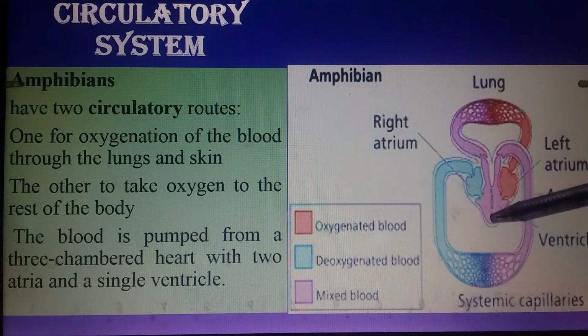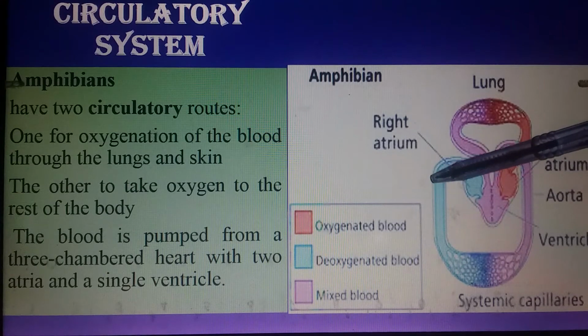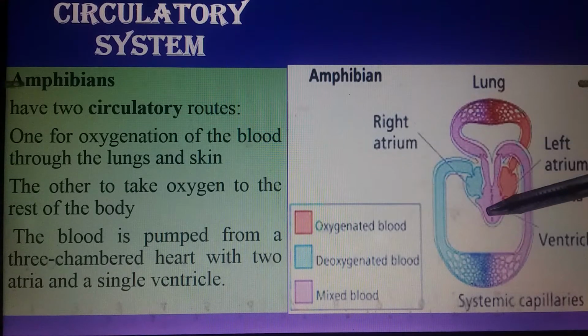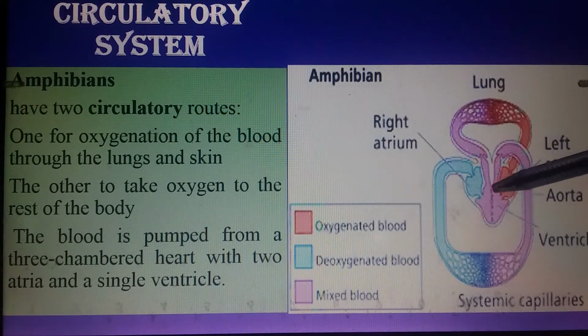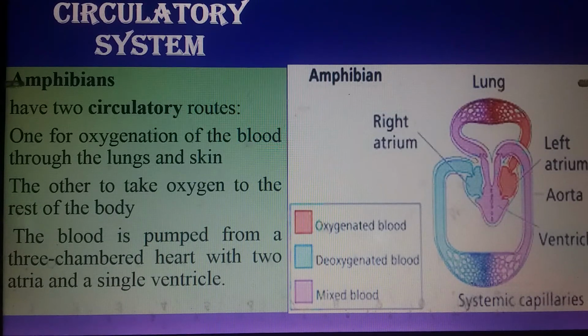And you can see here the ventricle, just one ventricle is present, but a little bit of septum is present here for the separation. Now what will happen? The blood from the right atrium moves towards the ventricle, just one ventricle, no right and left concept here like in the human, and from that one ventricle blood moves to the lungs for respiration.